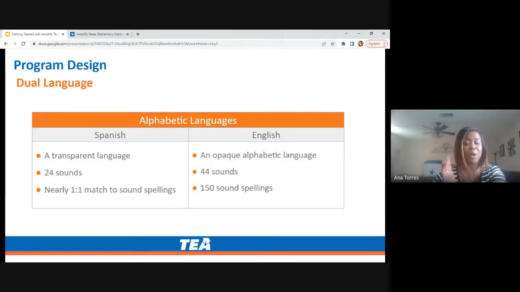Because both English and Spanish are alphabetic languages, calling students' attention to individual Spanish phonemes first and syllables later serves a dual function as they learn to read in both languages. So again, Spanish is a transparent language, with approximately 24 sounds and a nearly one-to-one match to sound spelling.